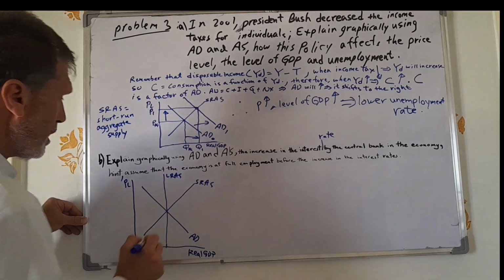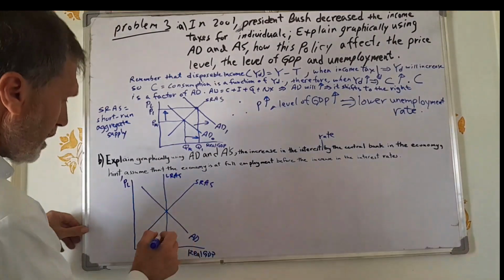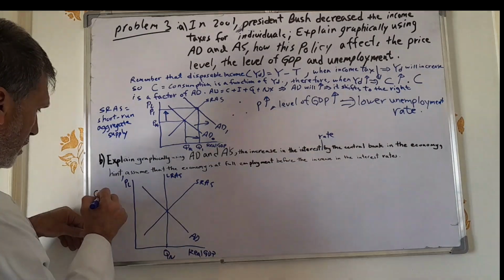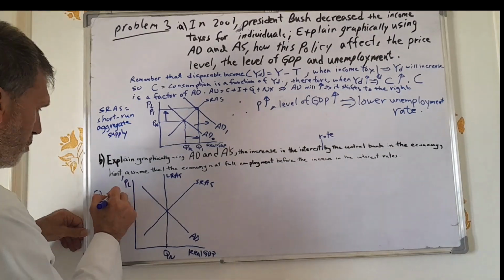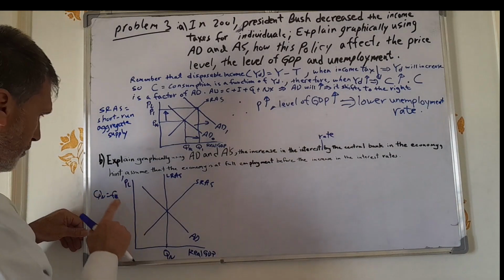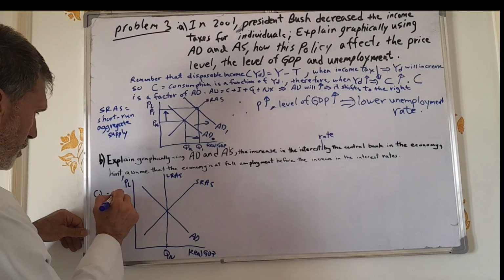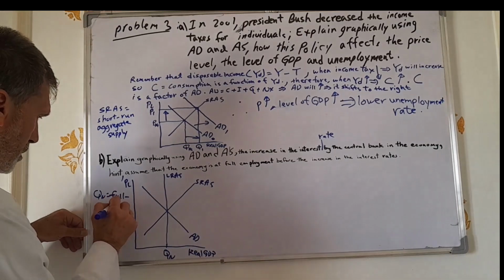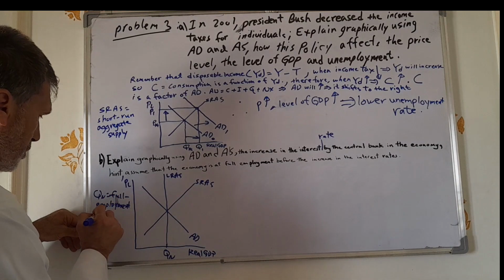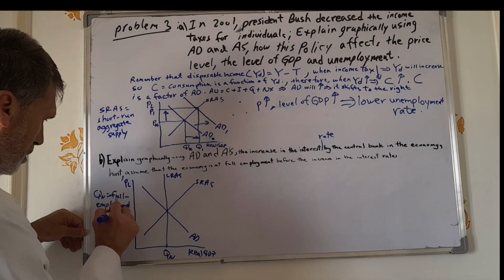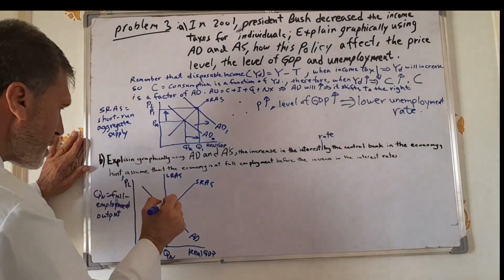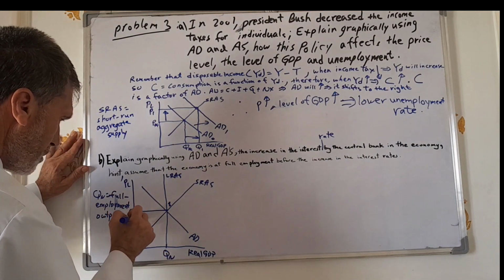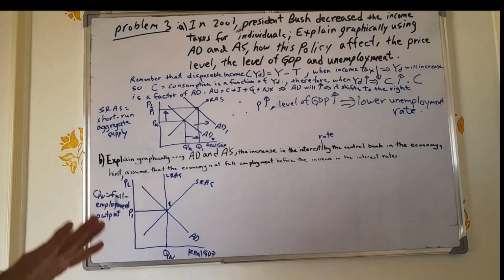The economy is at full employment, that means at QM, where QM is full employment output. Okay? This is the original. The economy is here, and this is the price, P1. This is the graph of the economy at full employment.